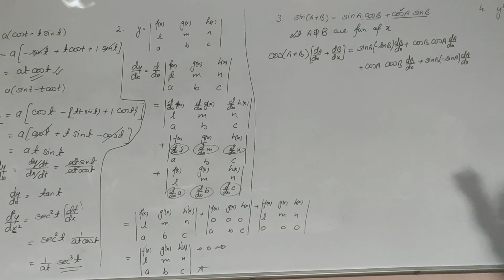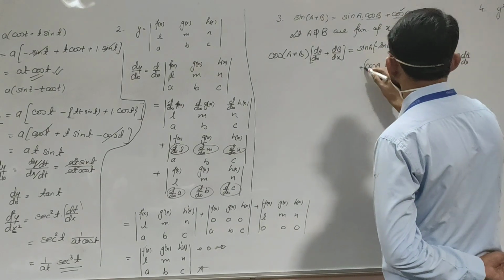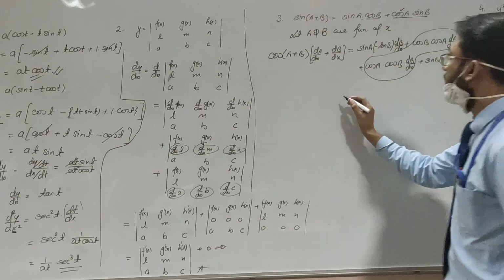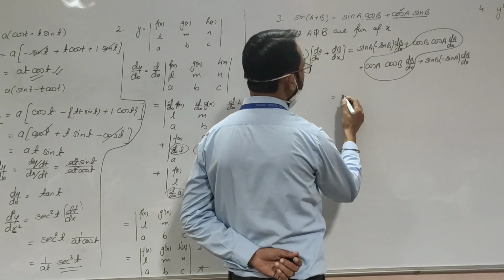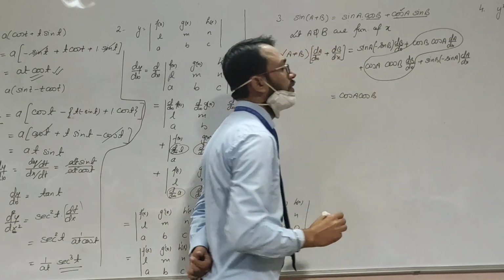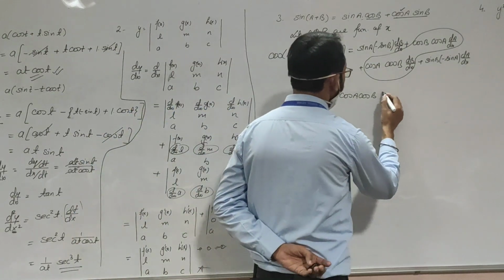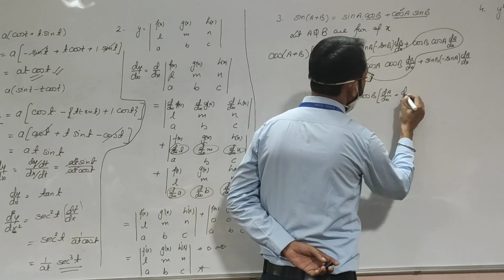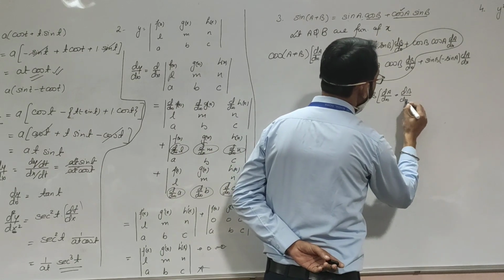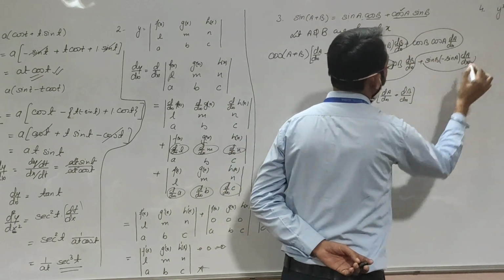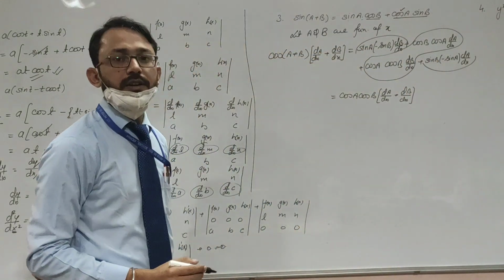Now let us see what I could take common. These two terms I could take together. That is, I am taking common cos A cos B. What is left? dA/dx plus dB/dx. Now out of these two, what is common?